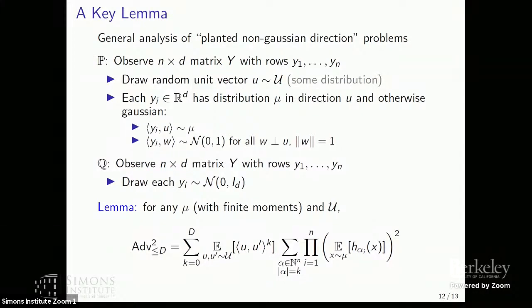This is in some sense measuring how non-Gaussian that planted distribution is. And once one has this formula, you can plug it in for any type of problem of this form and get lower bounds.